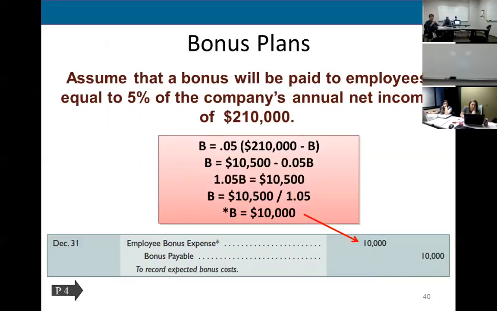B is going to denote bonus. And your pre-bonus net income is $210,000. And your bonus is equal to 5% of this net income.